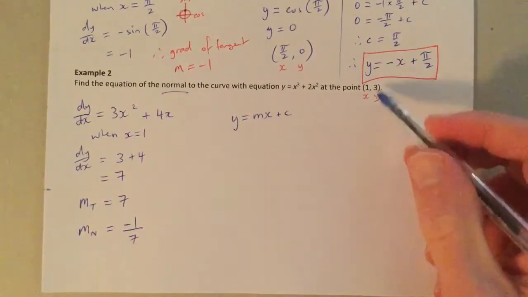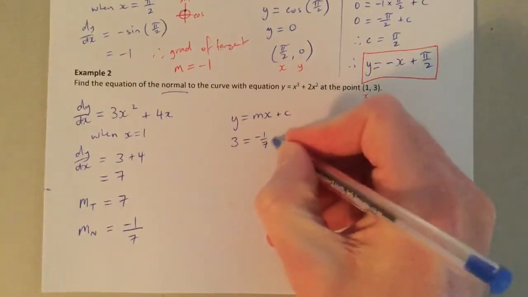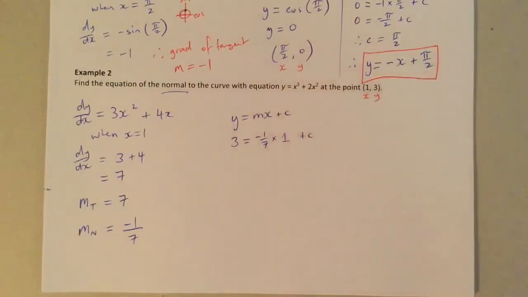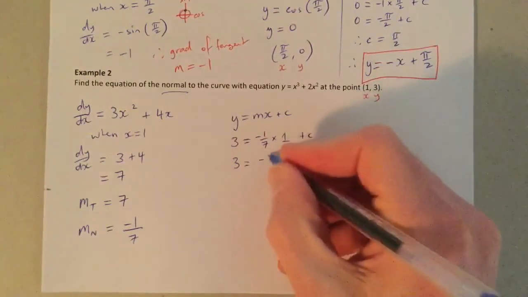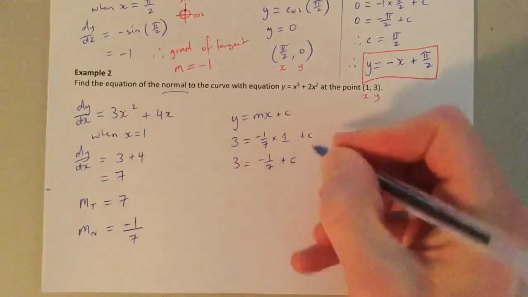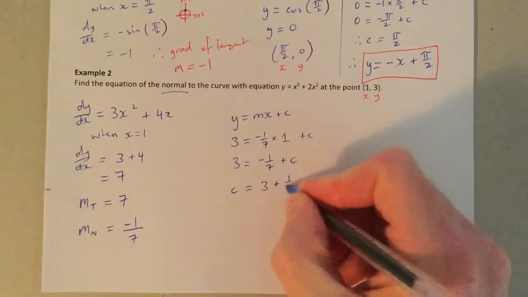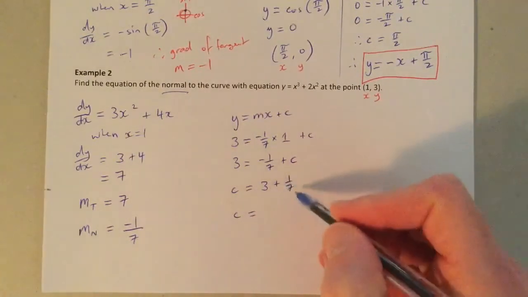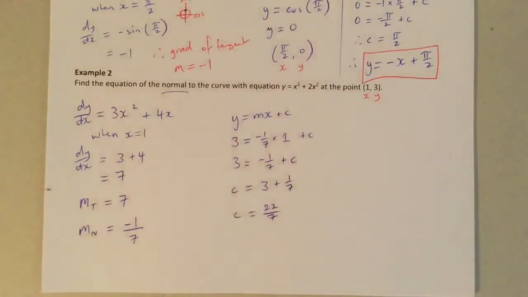So we sub in y equals 3, m equals -1/7, x equals 1, and plus c, and now we're just solving this for c. So 3 equals -1/7 plus c, which means c will equal 3 plus 1/7. Well, 3 is really 21 over 7, so this would be 22 over 7 altogether.